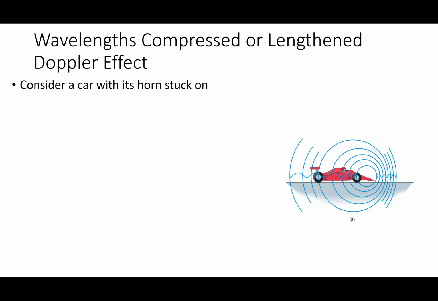If the train is coming and we're all listening, we'll hear the pitch go up. Actually, I was thinking of a car coming towards you and the pitch goes up, and then when it passes you, the pitch goes down. The colors, Roy G. Biv, what does that have to do with it? This is called the Doppler effect.